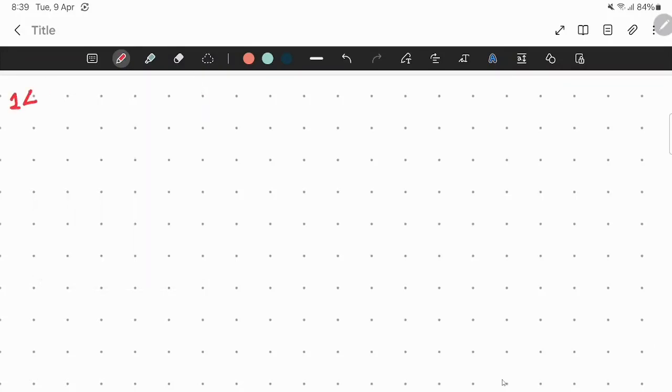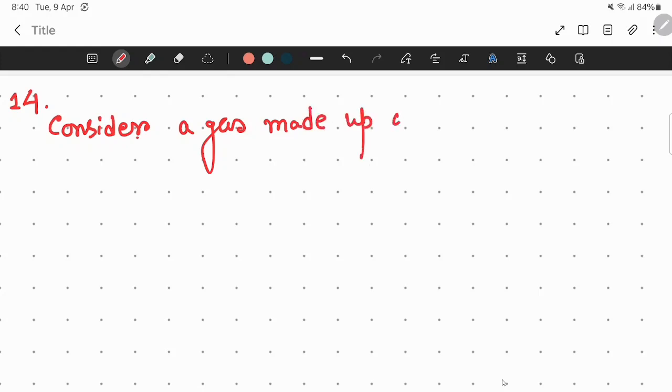So now question number 14. Okay. Again, a Fermi function. Consider a gas made up of two identical particles. Again, okay.